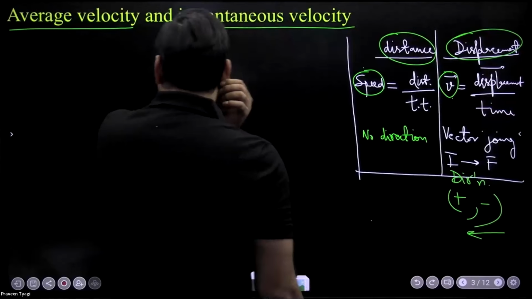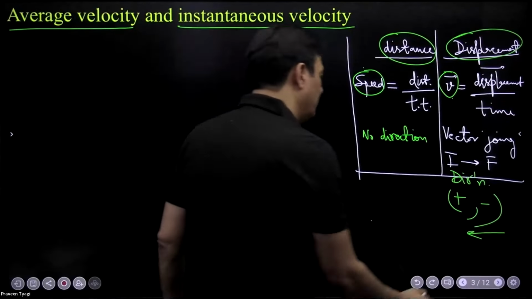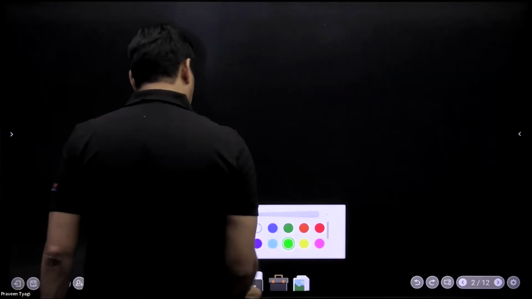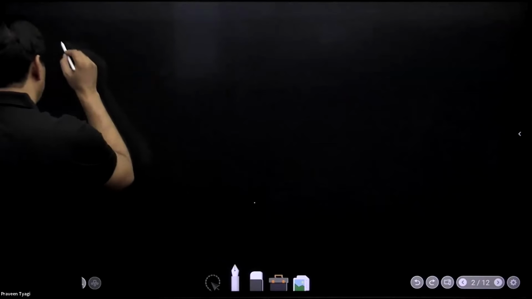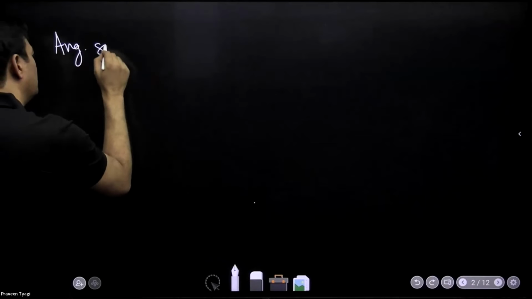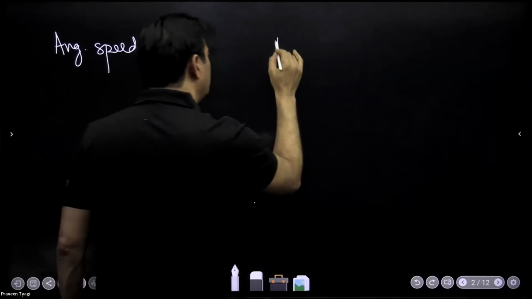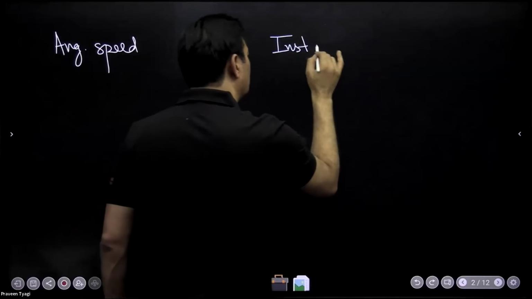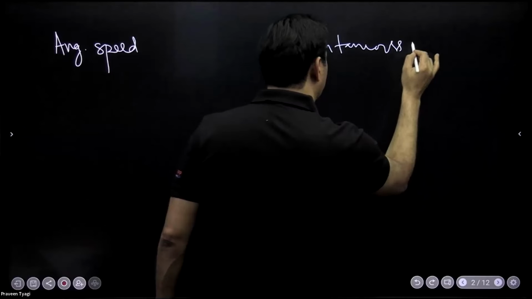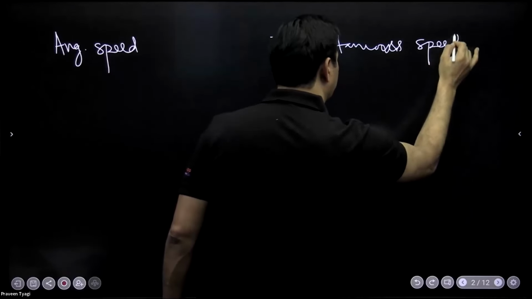Now, let's understand what is average velocity, instantaneous velocity, what is average speed and instantaneous speed. Let's get that clear, everyone. Instantaneous speed, sorry. Let's understand the difference.